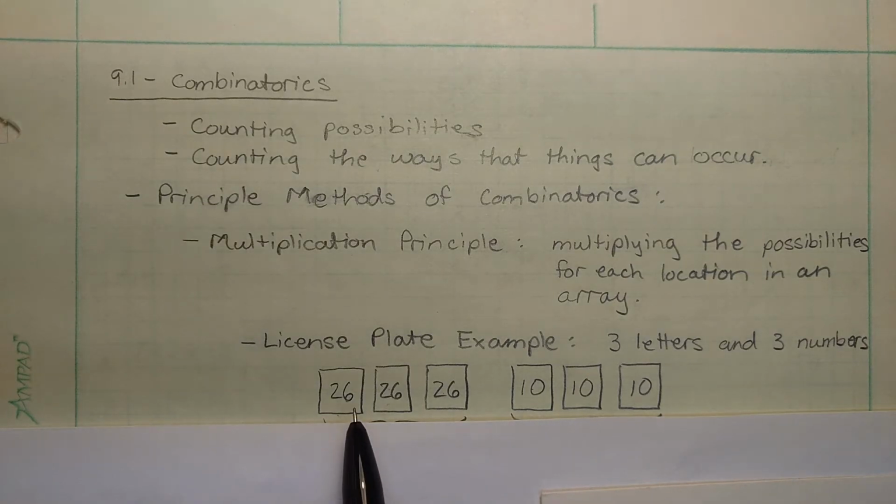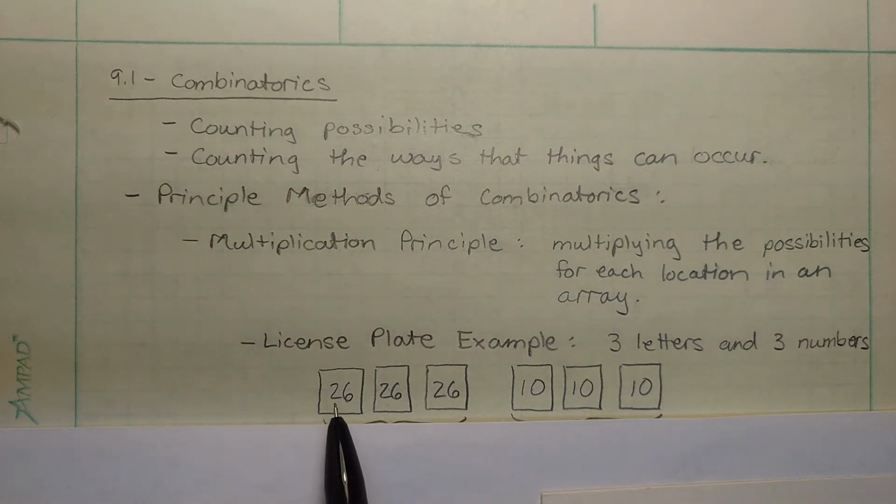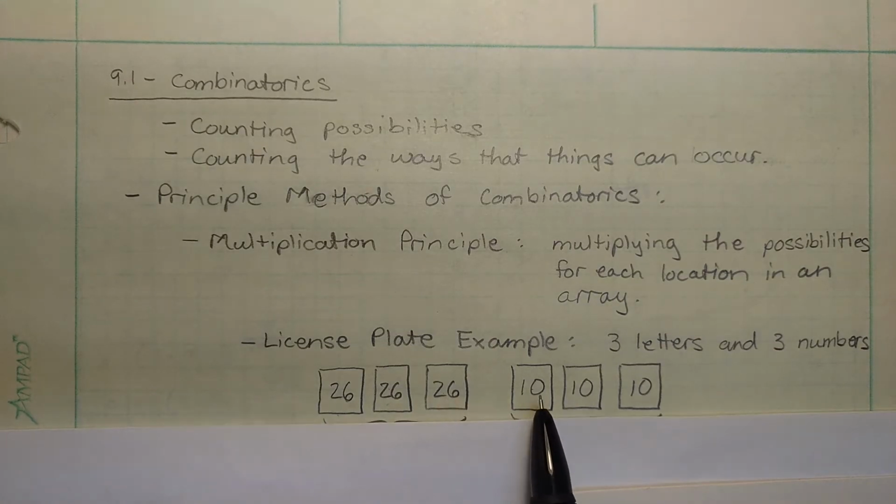So we've got 3 spots that are occupied by letters, and then 3 spots that are occupied by numbers. Notice there are 26 possibilities for each letter, and there are 10 possibilities for each number. Be careful. Remember, it is 10 possibilities. While we can't put a number 10 in there, we can put a number 0. So we have 0 through 9, which is 10 different options there.